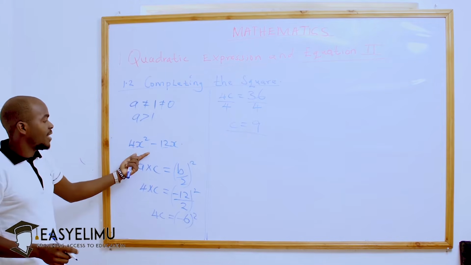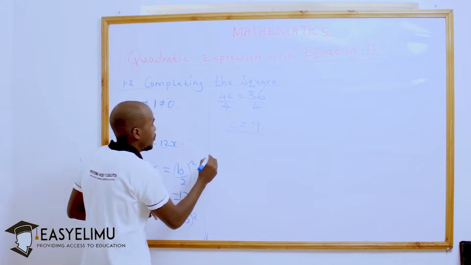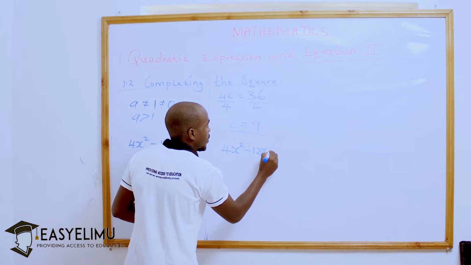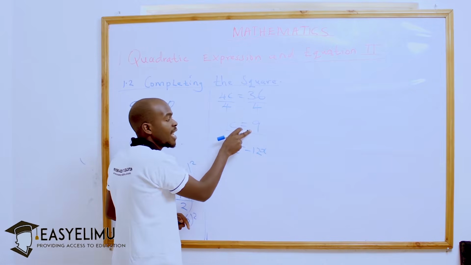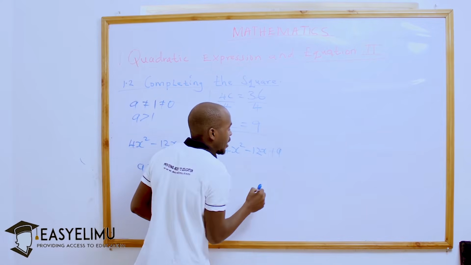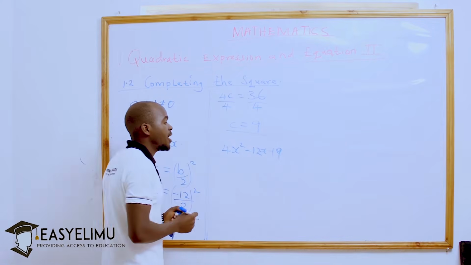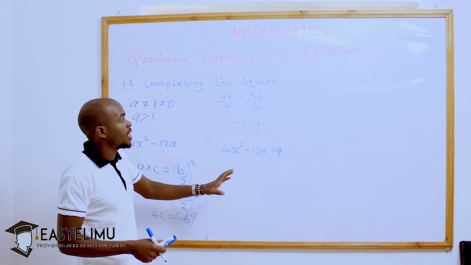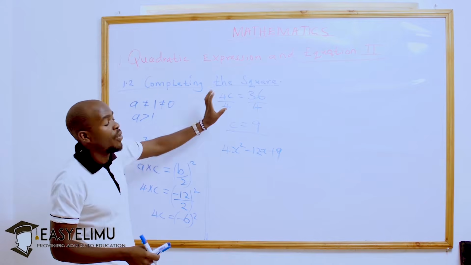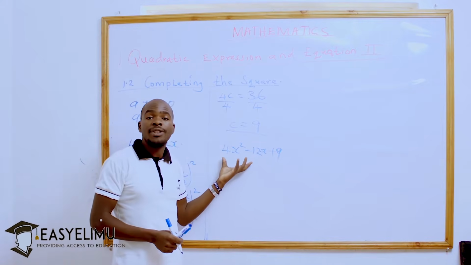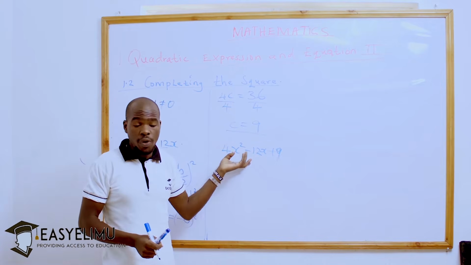Now you can rewrite this quadratic expression in the form 4x squared minus 12x. Now this 9 is positive. We didn't find a negative, so it will be plus 9. And we can confidently say that this one is a quadratic expression which has to be found by completing the square, and if you factorize this one, it's going to give you a perfect square.